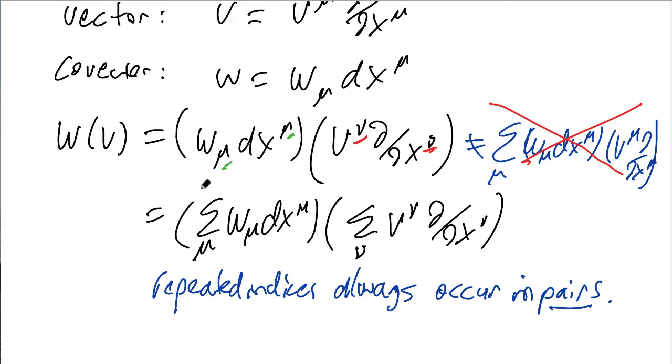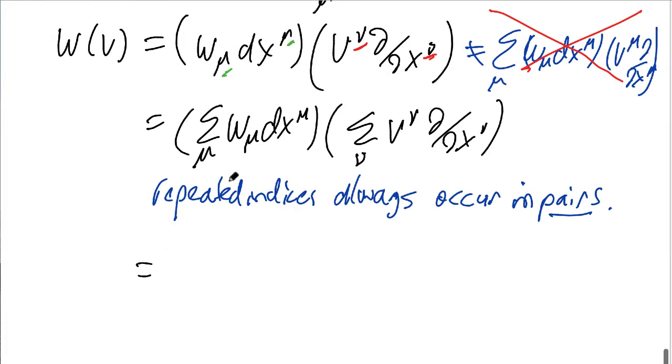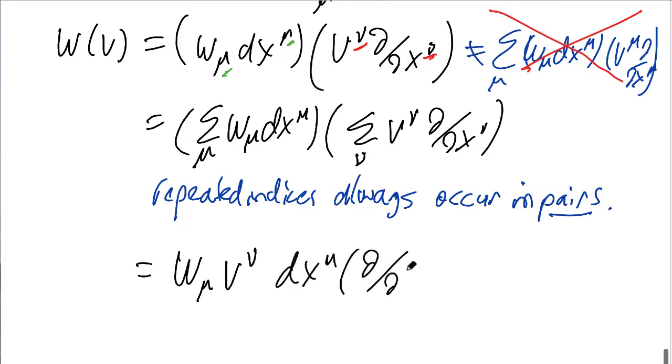All right, so now continuing, we're considering just a general covector acting on a vector v, and we can express it in this way. Now, using the Einstein summation convention, where I won't write the summation symbols, going back to this expression, we have w mu v nu dx mu acting on d by dx nu.